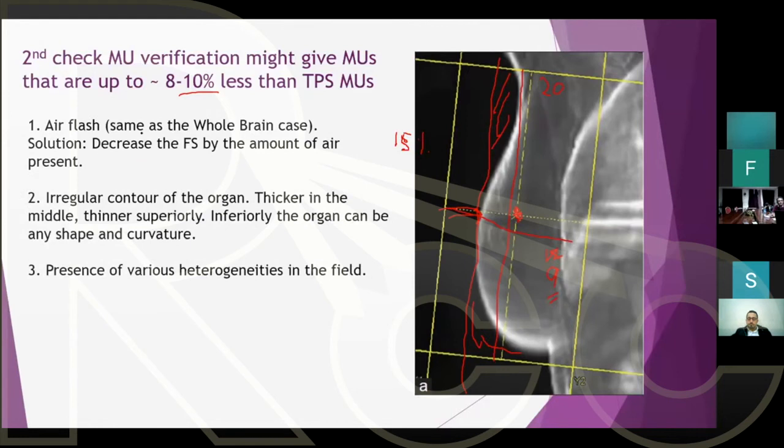Now, if you do this, you'll probably go down to 5 to 6% discrepancy between your planning system and your manual calculation. Or actually could be even better. In this case would be probably better. If I correctly estimate the air here and I close the jaw, I could even have a 4% agreement.